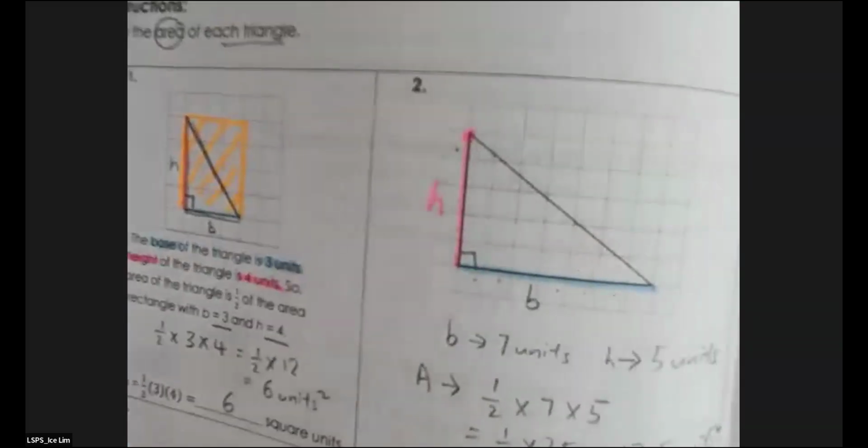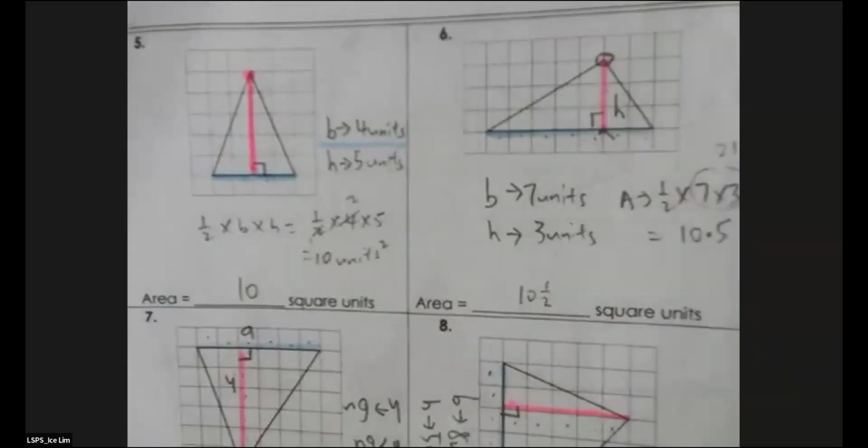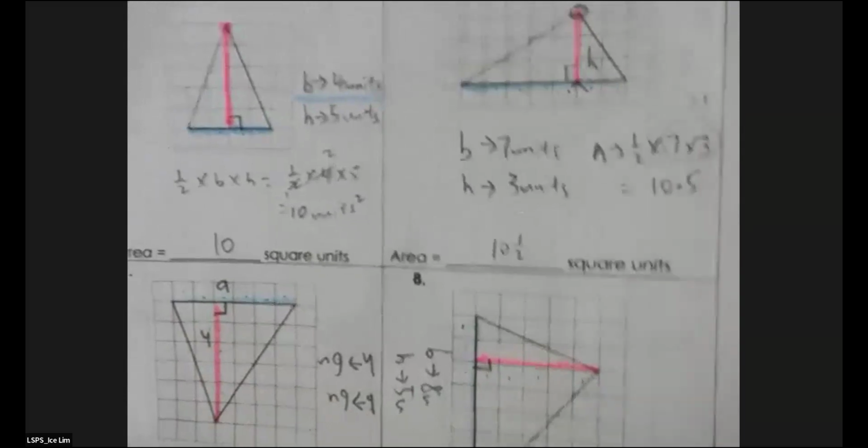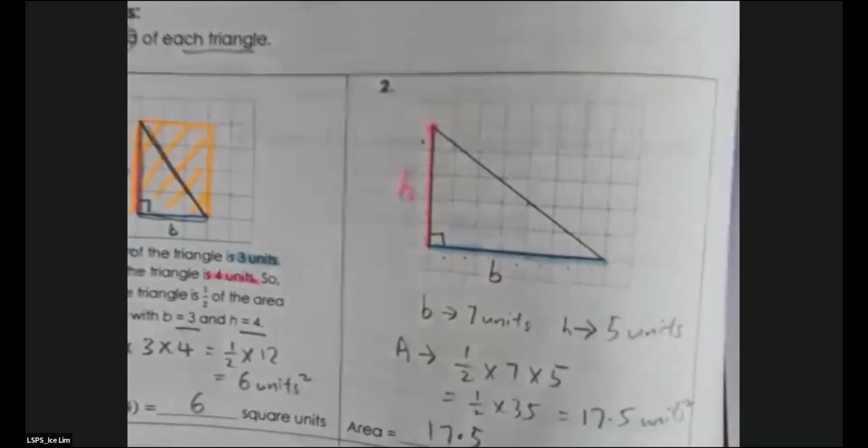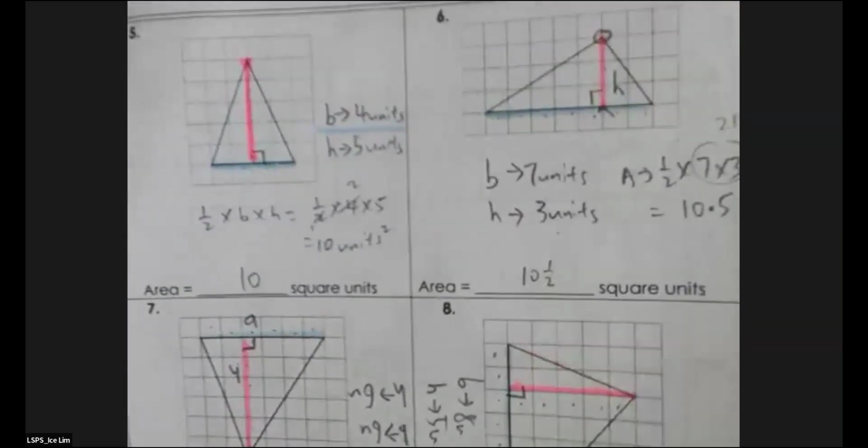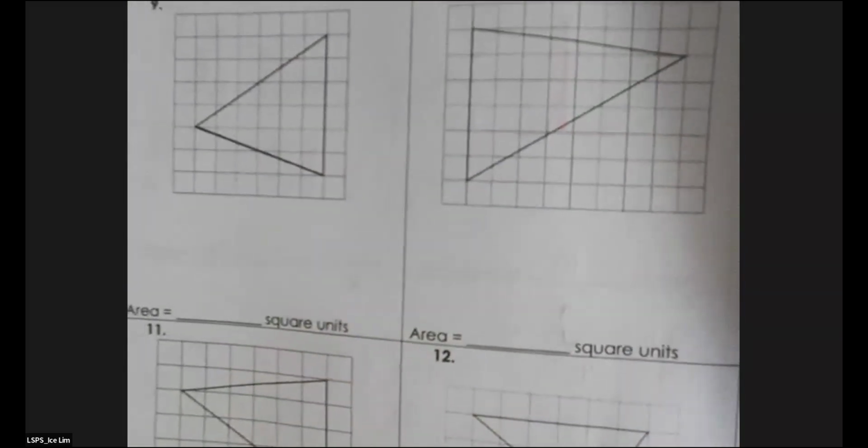Okay, so today, throughout the whole worksheet, you realize that most of the triangles, the height is either one side of the triangle already because it's a right angle triangle, or it's easily found inside the triangle.